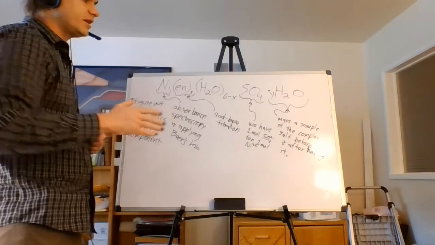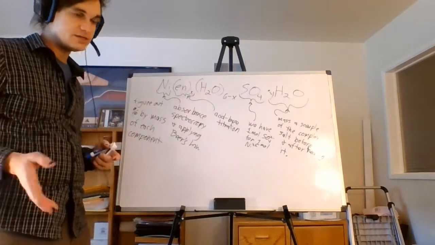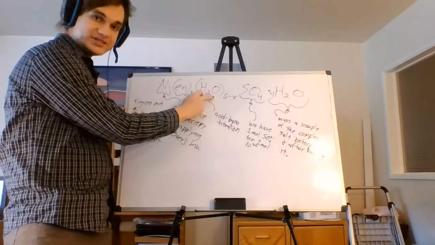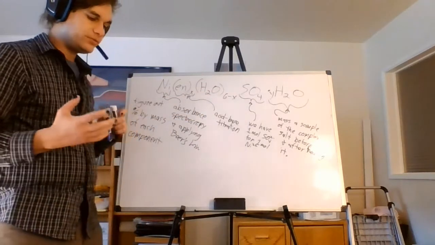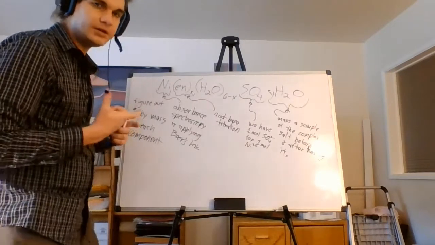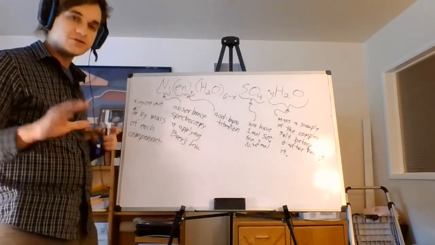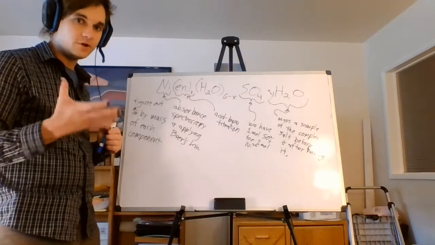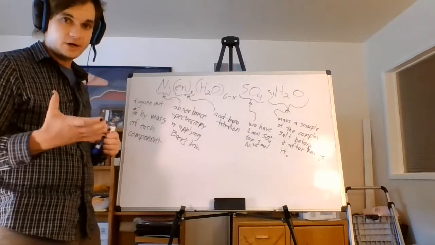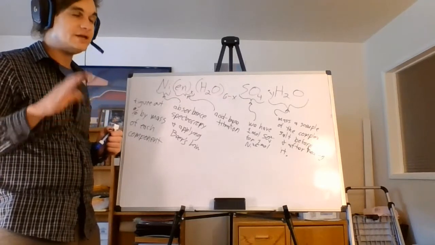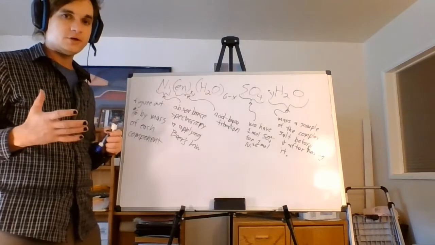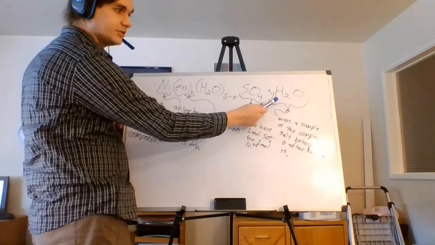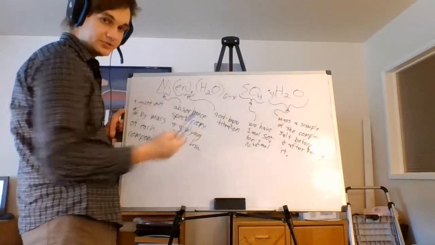Now, when I say that we mass it before and after heating it, this is actually pretty important. The waters that are present as ligands, the metal ligand bond has covalent character. It's not typically considered like a full-on covalent bond, but it is a bond, and it is a lot stronger than water molecules that just happen to be sitting around filling in gaps in the crystal structure, like the waters of hydration.